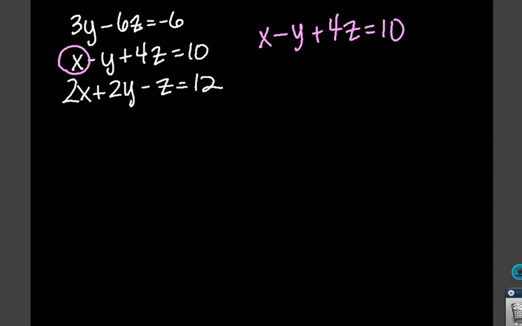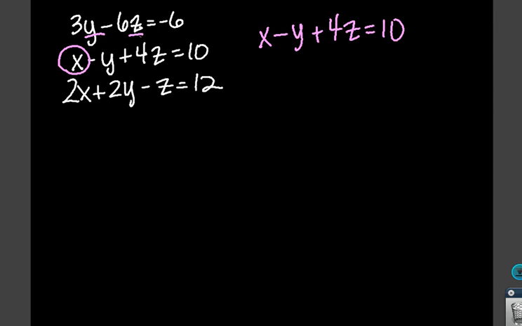If we isolate x, what two variables will we have left? Y and z. What do you notice here? That one's already down to y and z. So we'll only have to substitute it into one of the other equations as opposed to two. Does that make sense? Okay.